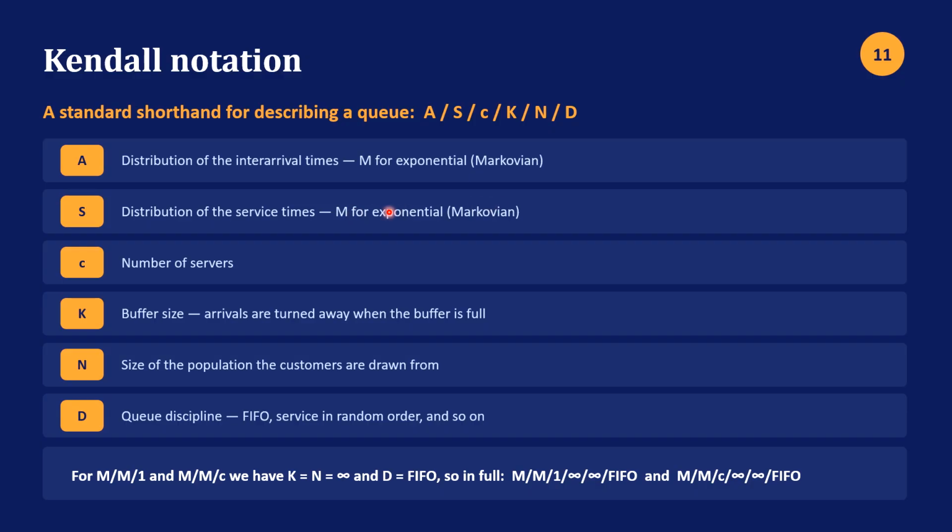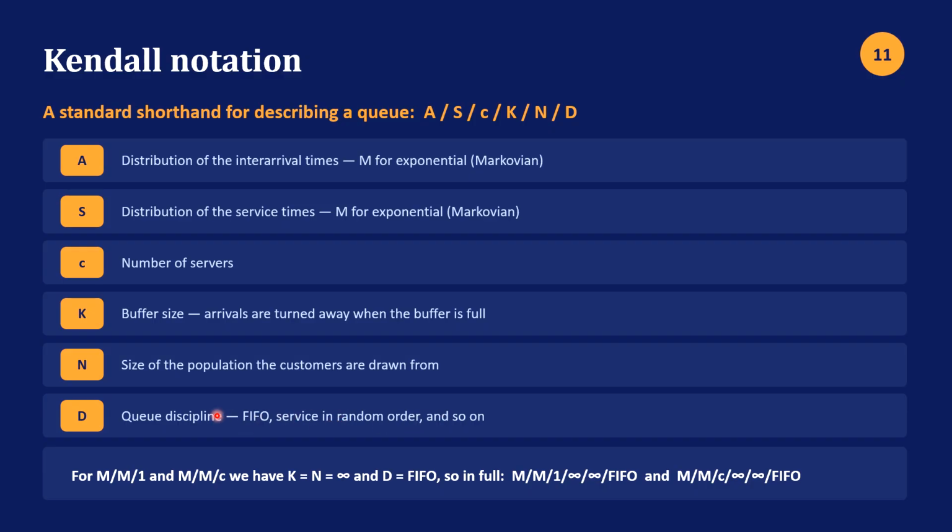M stands for exponential or Markovian. C is the number of servers. K is the buffer size. So you can limit the size of the queue and turn away people after the queue is so big. N is the size of the population of the customers related to the queue here. And then D is the discipline. So first in, first out, random order, and so on.